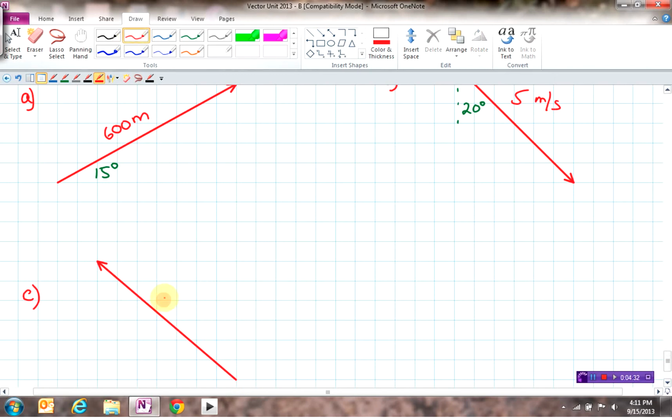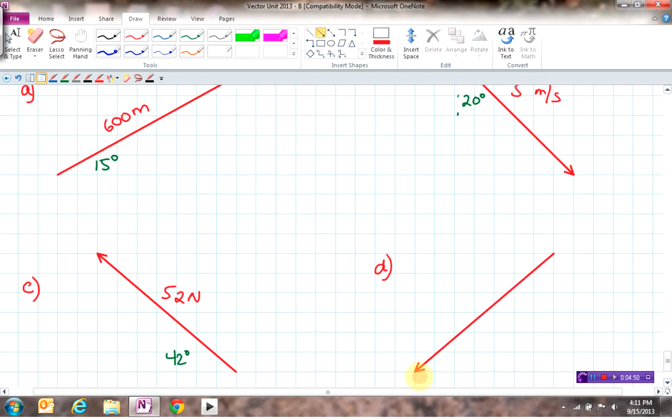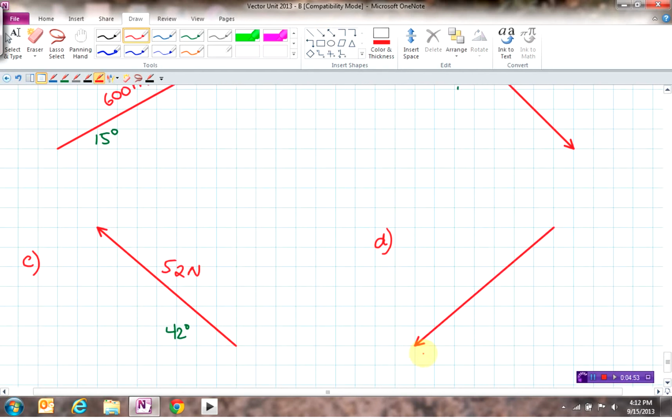It'll have a value of 52 newtons at an angle of 42 degrees north of west. And the last one, D, will look like this. It'll have a value of 1.7 meters per second at an angle of 25 degrees.